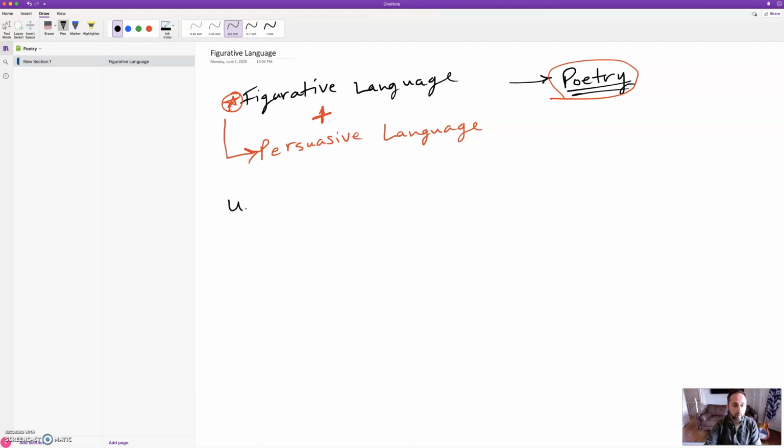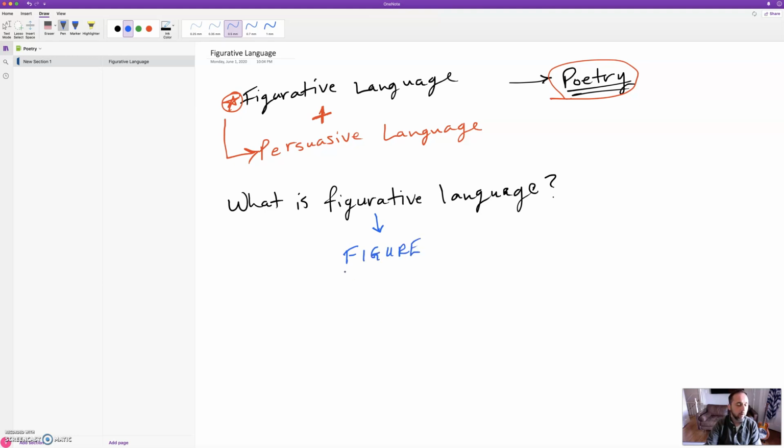Okay, so what is figurative language? What do we mean by that? Figurative language. If you look at the word figurative, I'm sure you can kind of detect that there's another word that sounds similar inside of that word, right? So what word would that be? Figure.